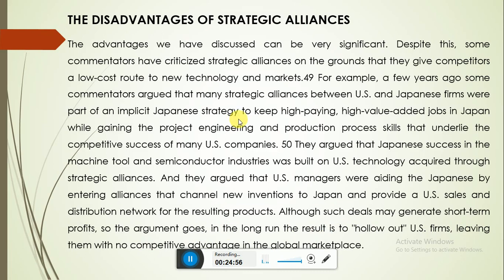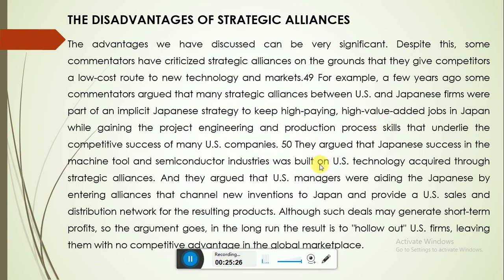So you see, that's a disadvantage of strategic alliances. These are disadvantages that the companies are facing. You can give them technology, they might use it, they might learn from it and develop their skills, and they might become competitors next.